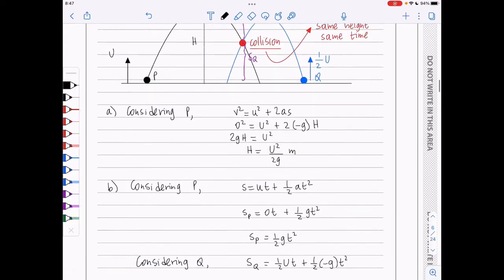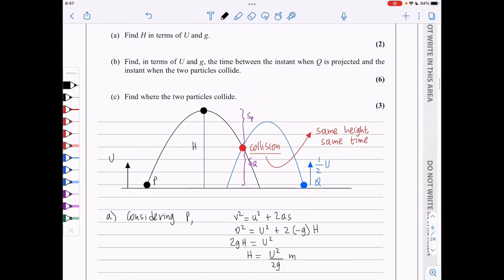And then part C, find where the two particles collide. So I could start by finding SQ, now that I've got an expression for t, and then say it's so many meters above the launching point, above the origin.